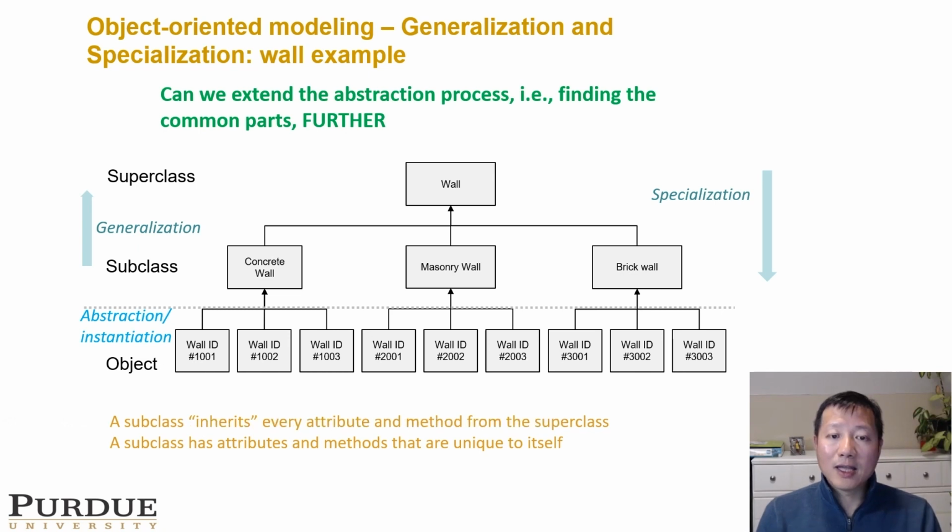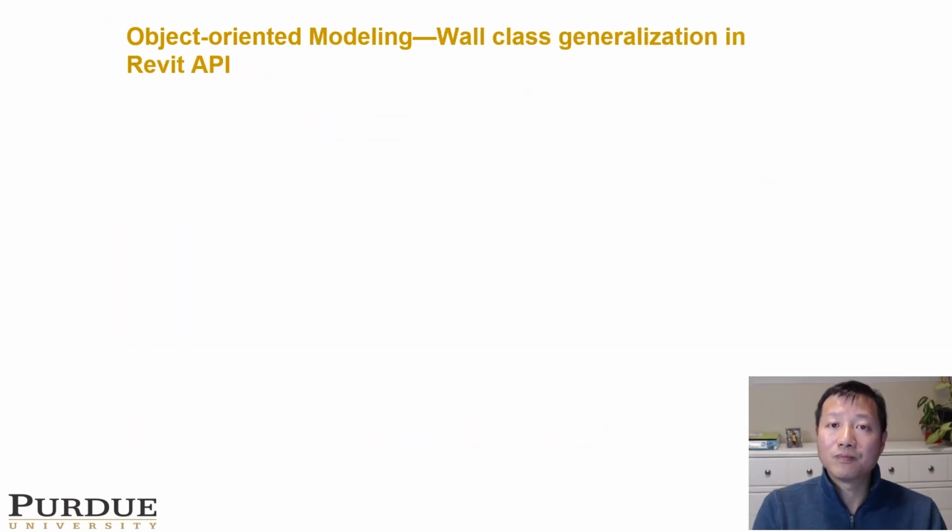You don't have to replicate or redefine them in the concrete wall, masonry wall, and brick wall. In addition to this common set of attributes and behavior, your subclass can have its own unique set of attributes and behavior. This gives you a lot of flexibility in defining something specialized, while also saving a lot of time and effort by putting all the common things into a single class.